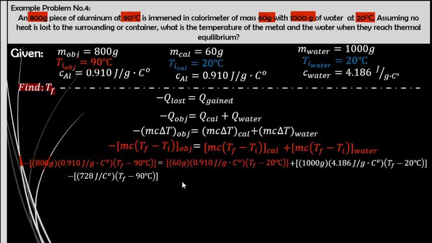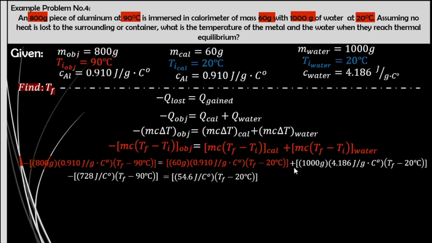let's have the right side of our equation. So we will simplify first 60 times 0.910, and it will become 54.6 joule per Celsius degree. This is still multiplied by T sub F minus 20 degrees Celsius.